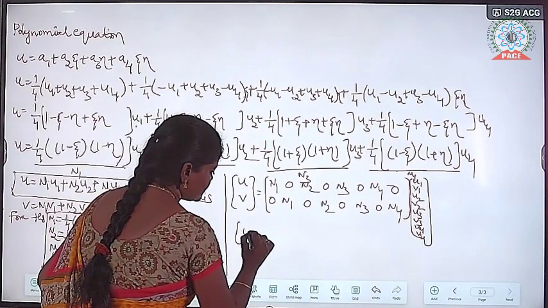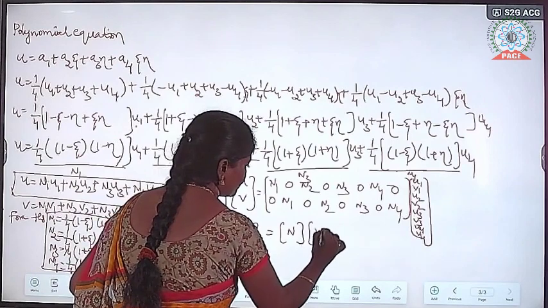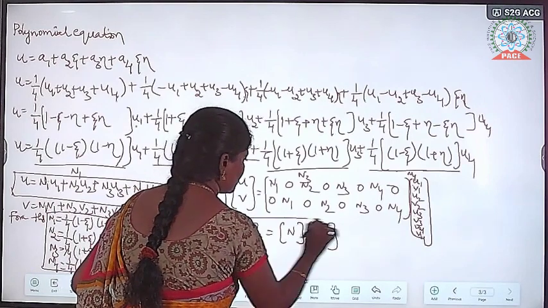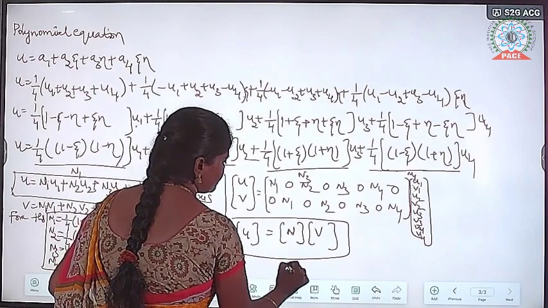Finally we write this equation as U is equal to N into V, where N is the shape function displacement matrix and V is the total displacement matrix.